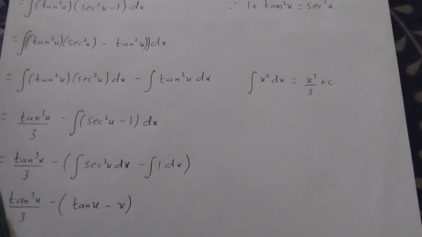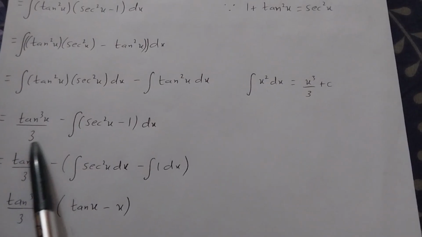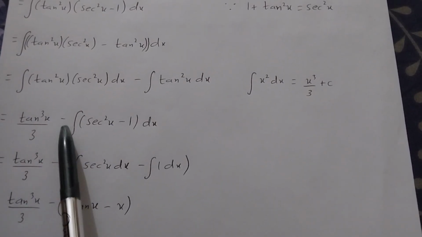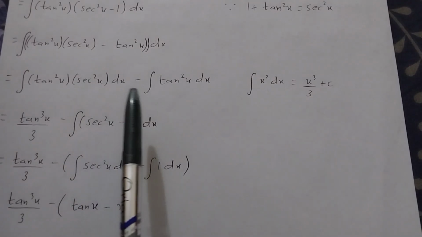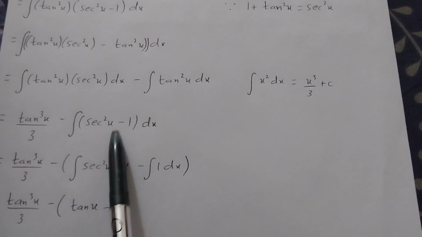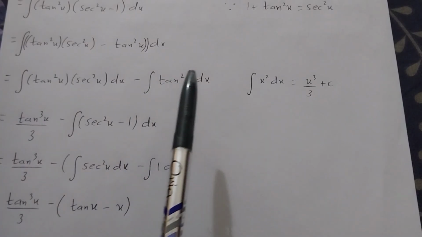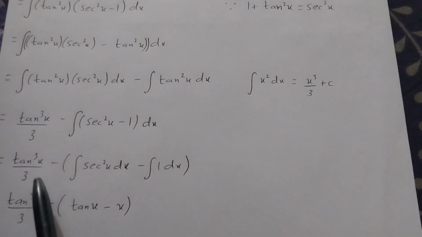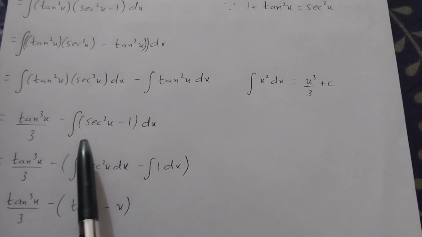So the integral of this will be tan cube x over 3 minus, we will write tan square x as secant square x minus 1, like before. We did that in the second step.